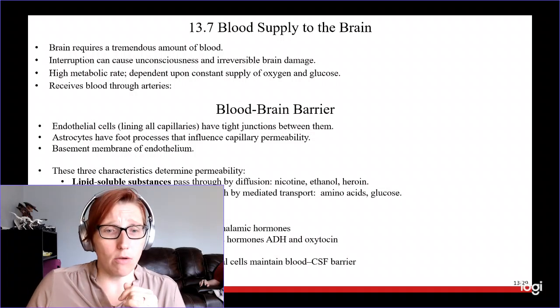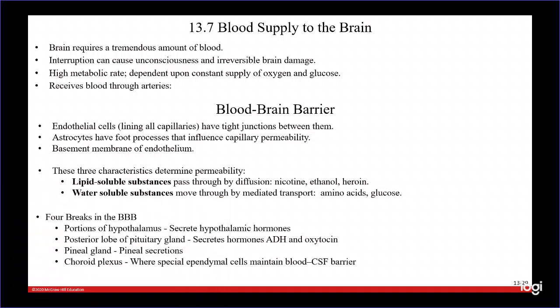And I want you to know, if you look down here, where the 4 breaks in the blood-brain barrier are. And with each of those breaks, what do they do? So for example, the pituitary gland secretes hormones like oxytocin. The pineal gland has direct pineal secretions that need to go straight into your blood. So there are only 4 of them. Make sure you know that.